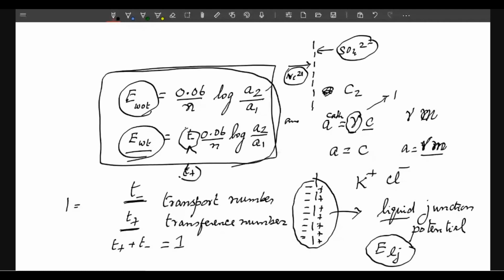This part would be the same in both cases. The only difference is that in the electrolyte concentration cell with transference, you should put t minus, the transport number of the anion, or the transport number of the cation, for which you have to look at the end electrode, that is, the electrode on the right-hand side. Accordingly, you can put t minus or t plus.